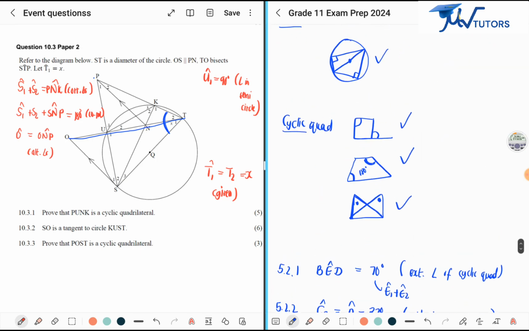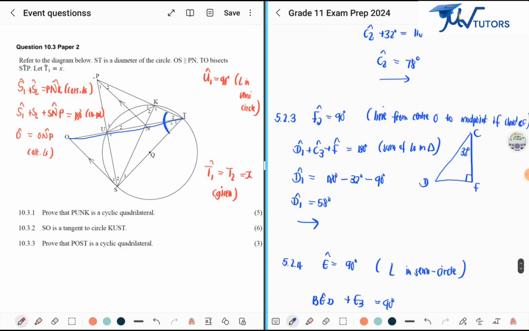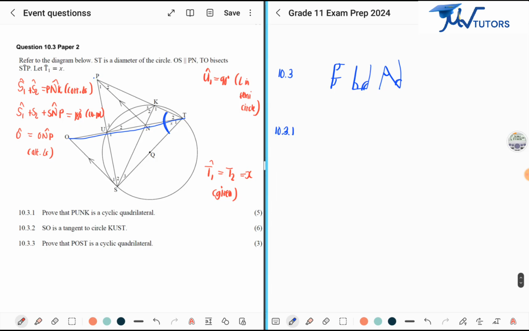Either you can prove it by showing that the exterior angle in a cyclic quad is equal to the interior opposite angle, or you can prove it by saying opposite angles in a cyclic quad are supplementary, or you can prove that angles that are coming from the same segment, or angles subtended by the same chord, are equal. Okay, we don't have to prove all three. Just one of them is enough.